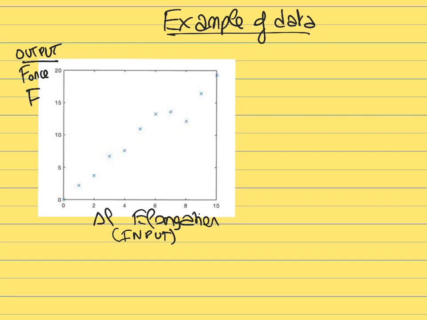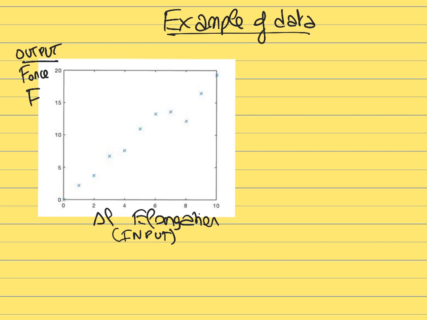One parameter that is very important is the number of training examples that you have. So what is a training example in this case? It's every time you have a given input.